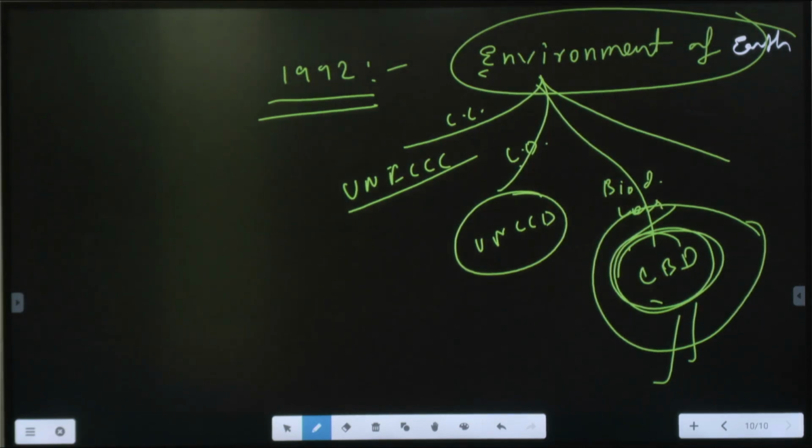CBD has the following three major goals.